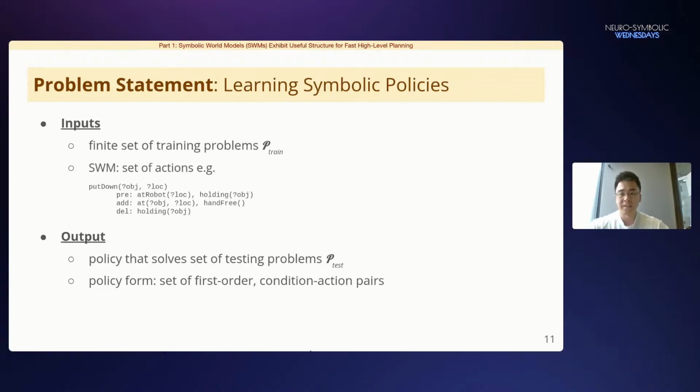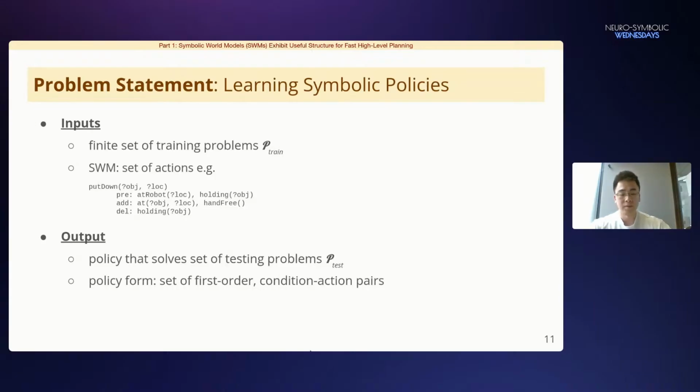The inputs are a finite set of training problems, and you're also given a symbolic world model, which is, again, a set of reusable actions, such as this put-down operator here. And the output is that we want to learn a policy that solves a set of testing problems, possibly unseen, using this symbolic world model.